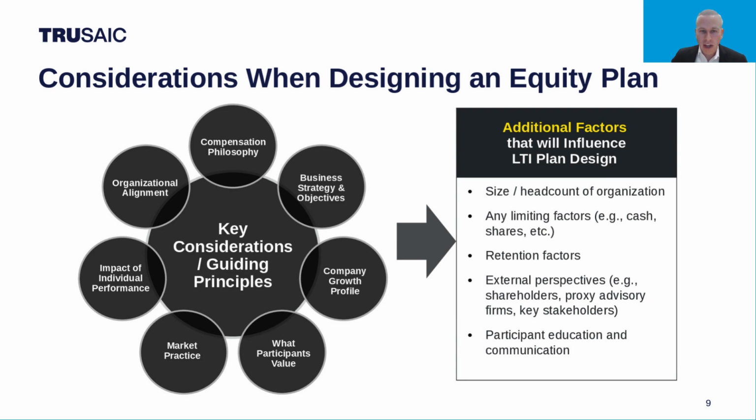And then finally, kind of circling back to education and communication, in order for a plan to be effective, participants need to understand what it's trying to accomplish and the role that they can play in it. And oftentimes there is a fair amount of education and communication that are a part of that.